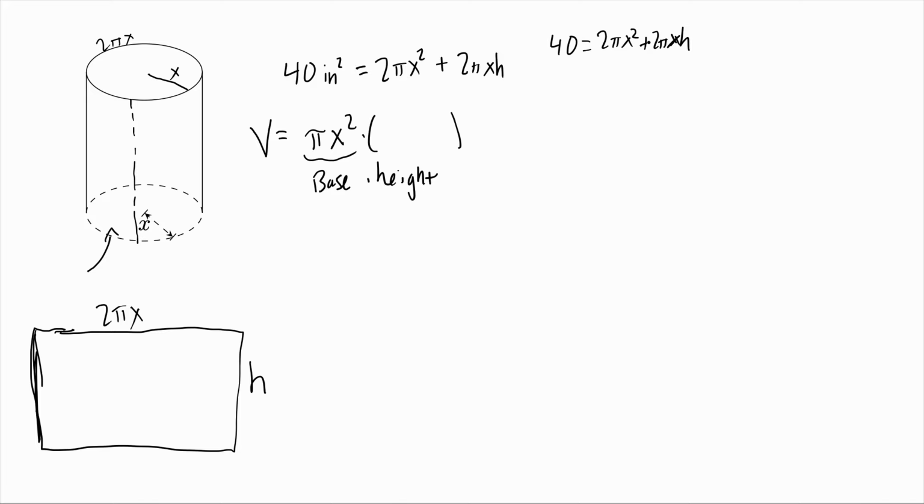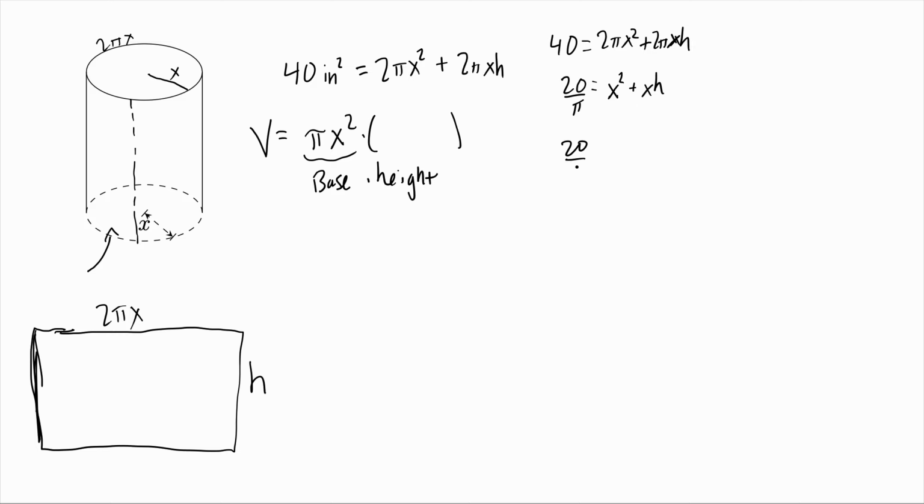We can divide both sides by 2, that looks a little simpler, so you get 20, and then divide everything by pi, or just divide everything by 2 pi. So 40 divided by 2 pi is the same thing as 20 over pi, and that's going to be equal to x squared plus xh.